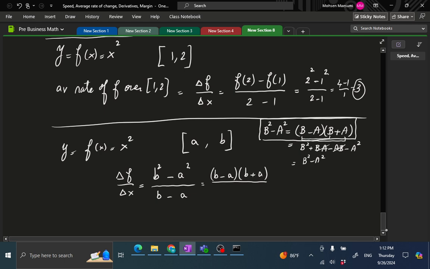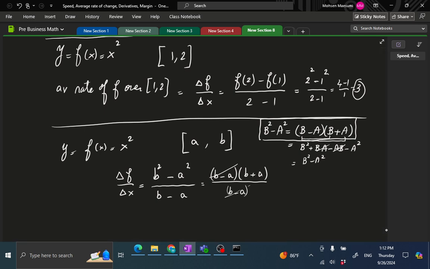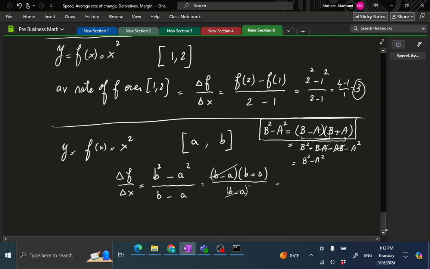The denominator was just b minus a. Of course, let's put this in parentheses. This is the same as that. They cancel out. Of course, a and b have to be different, otherwise we'll have an issue of dividing by 0. Aside from that minor point, these two cancel out, and I get this result, b plus a.